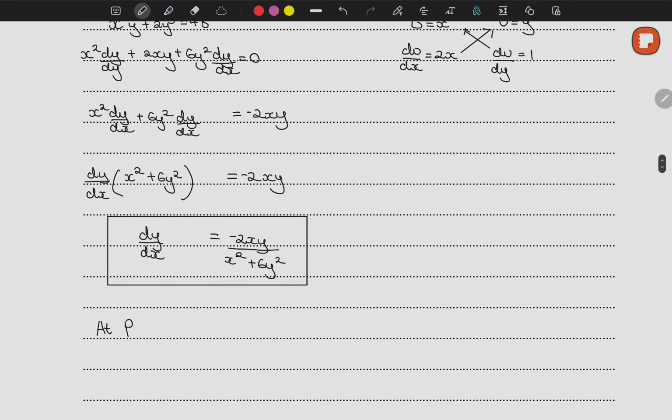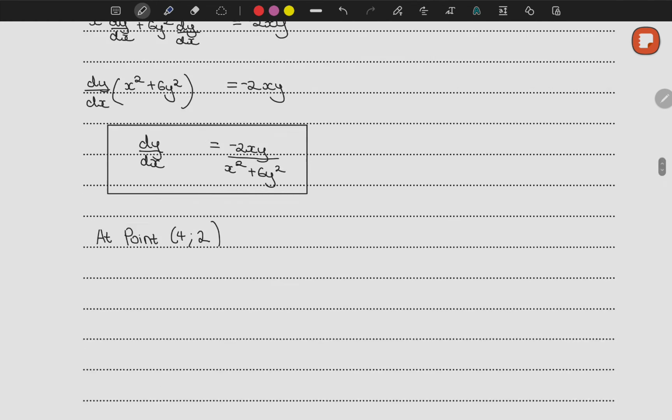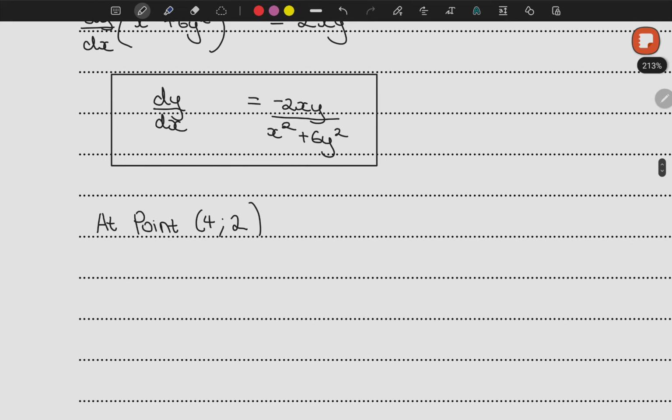So at the point 4, 2, if I substitute it, I'm going to get negative 2, x is 4, y is 2, all over 4 squared, plus 6, y squared is 2.